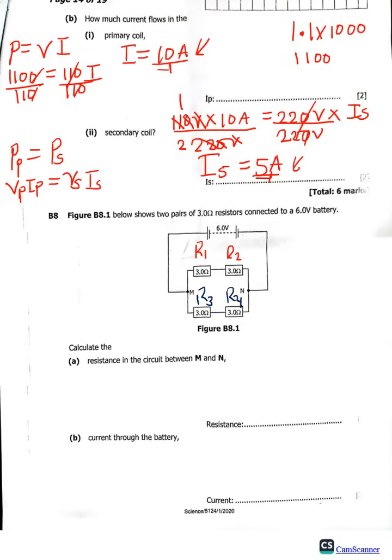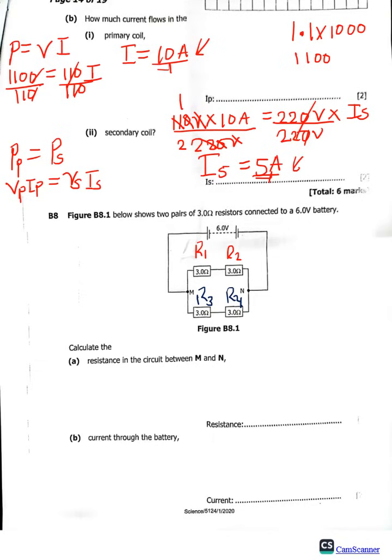Resistors 1 and 2 are connected in series, and so are resistors 3 and 4. First, to find the total resistance in the circuit between M and N, we are going to find the total resistance of the two pairs. Let's find it between resistors 1 and 2.